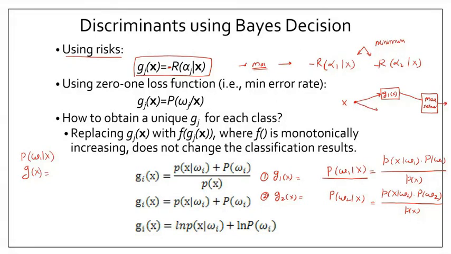Then I have g2x, and this is also going to the max selector. So the thing is, we are now assuming this g1x and g2x to be the Bayes equation that we have seen already. Okay, so I think this should be multiplied.